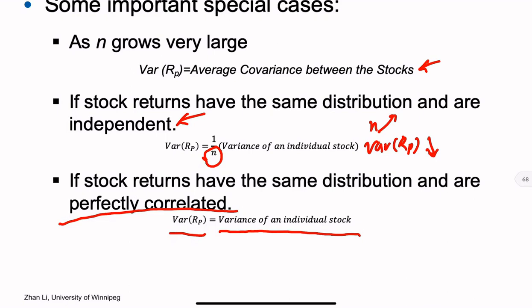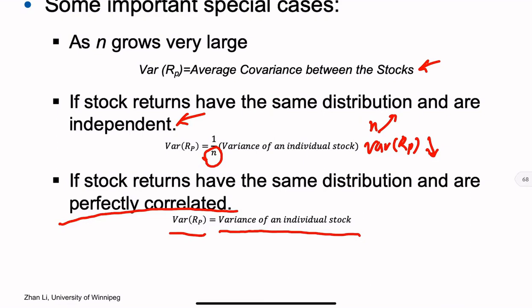This is bad for you because it means that the variance of your portfolio's return does not depend on how many stocks you have in your portfolio. This means even if you add more and more stocks into your portfolio, the risk of your portfolio will not decrease. Well, why do you get this result?